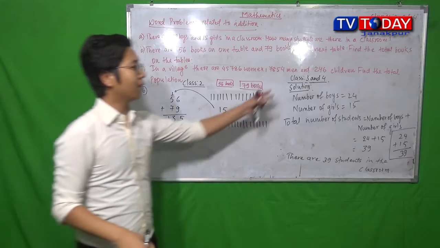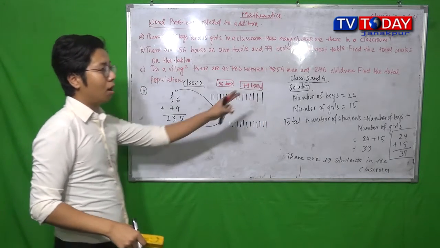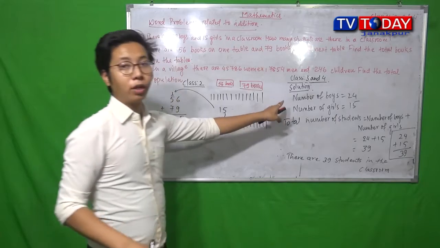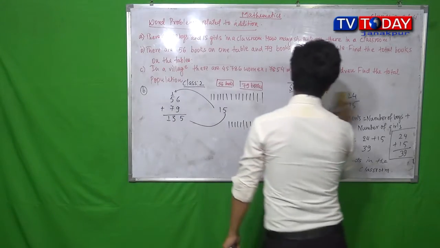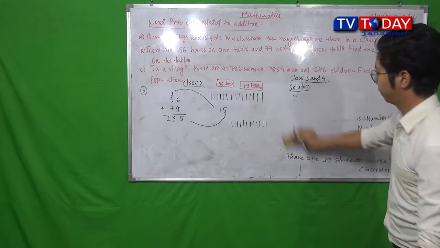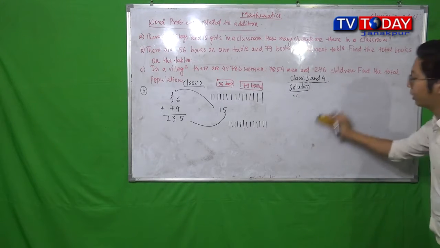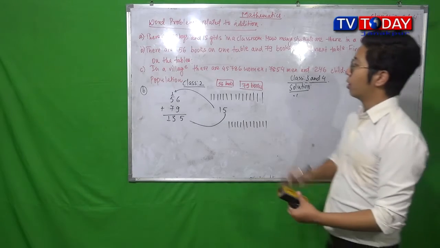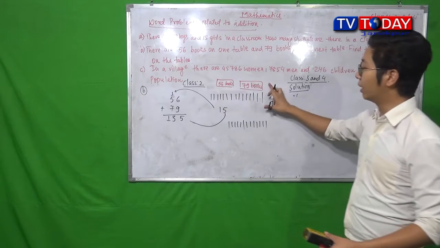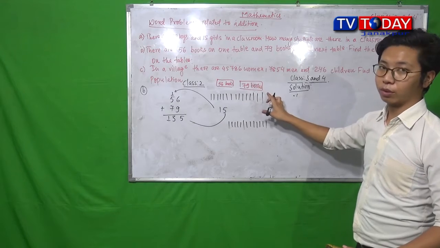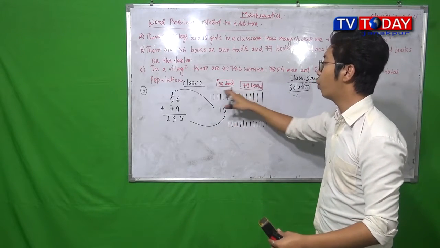I think the students of class 3 and class 4 have already written this. So I am going to solve the problem of question number B right here for class 2 and class 3. Again, I am going to read the question. There are 56 books on one table, and on the next table there are 79 books. You have to find out the total number of books on both tables.